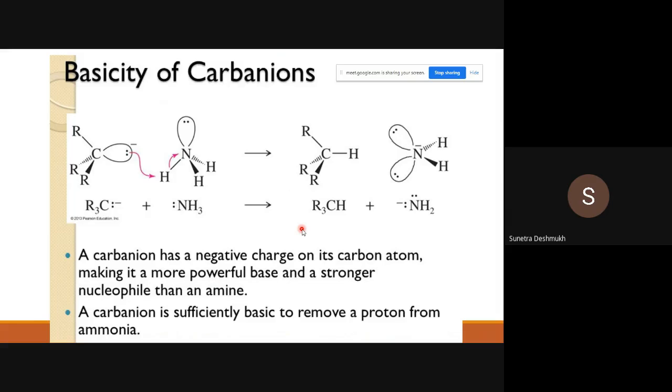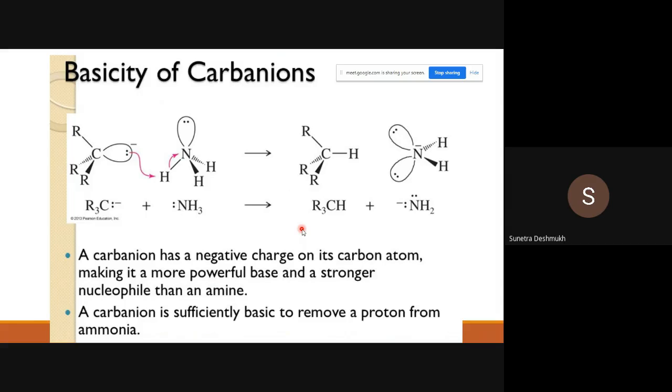Pay attention that whenever you use any reagent in organic chemistry in which the carbon possesses a negative charge, it is highly basic. Grignard and lithiated reagents are highly basic because the carbon possesses the negative charge.